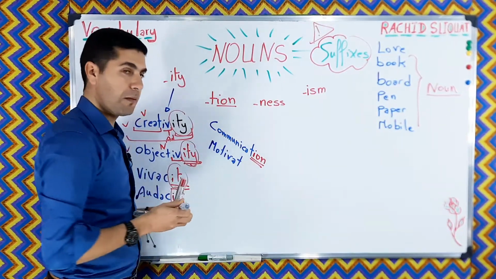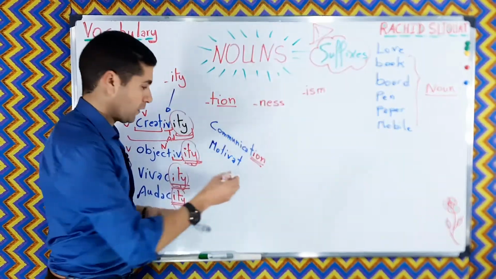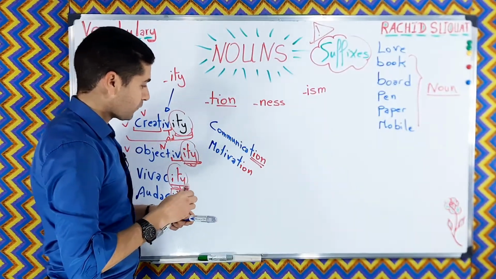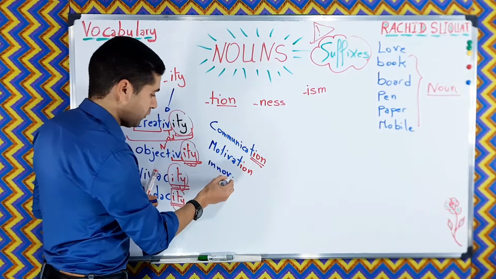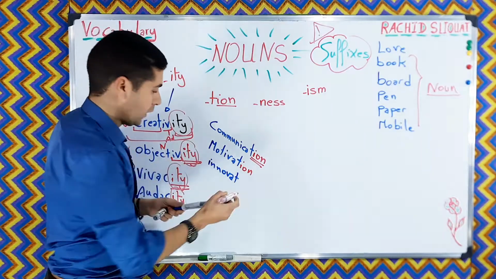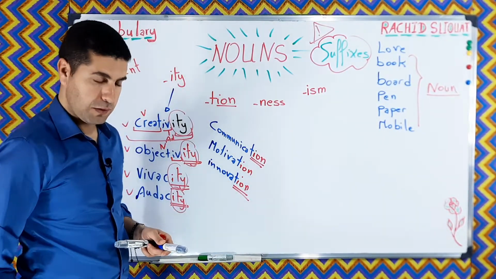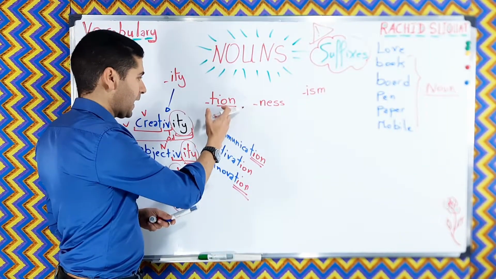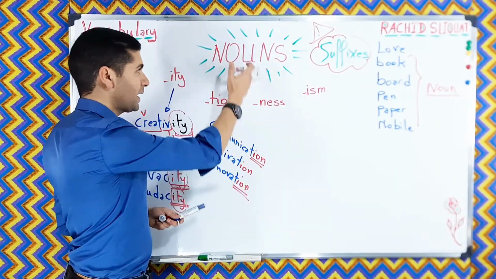The verb is motivate with E, and the noun is motivation. We can talk about innovation. The verb is innovate, and innovation is spelled with I-O-N, as you can see. So all the words with I-O-N are nouns.